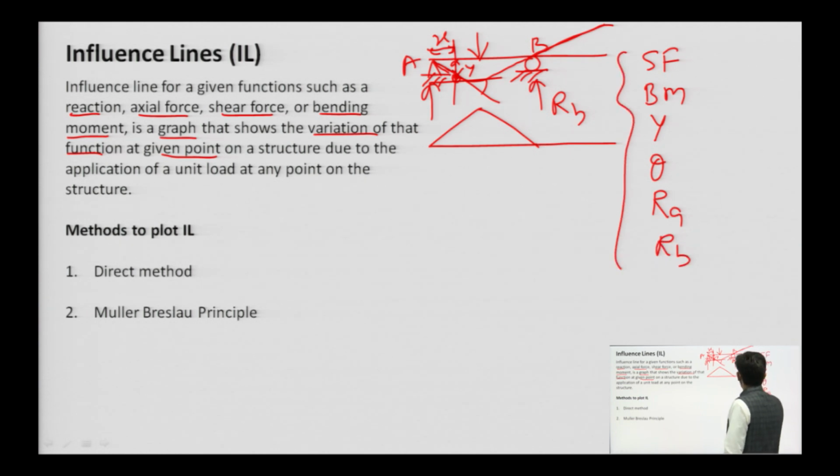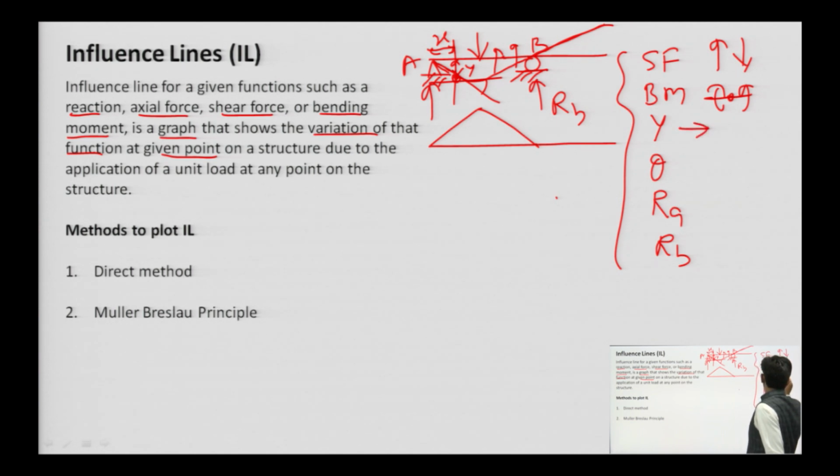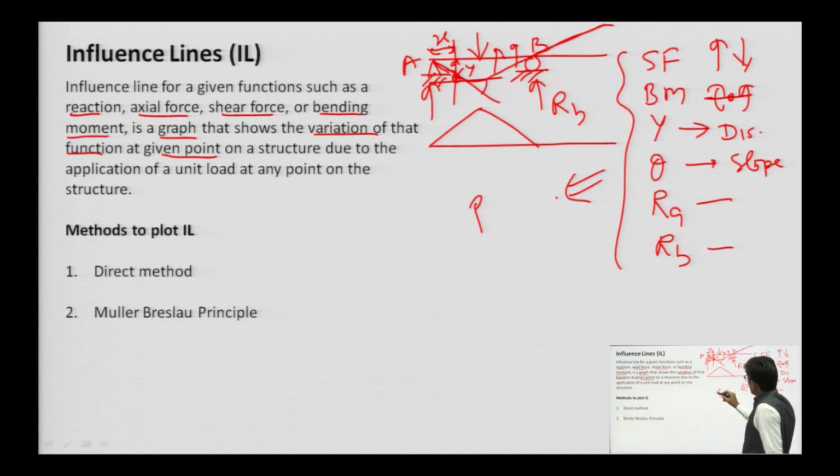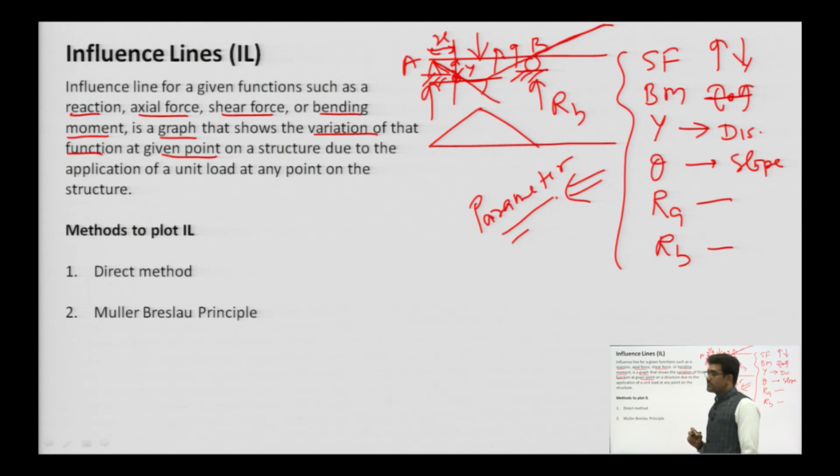At any point shear can be there, and bending moment at any point can be there. These are defined as parameters in this definition.